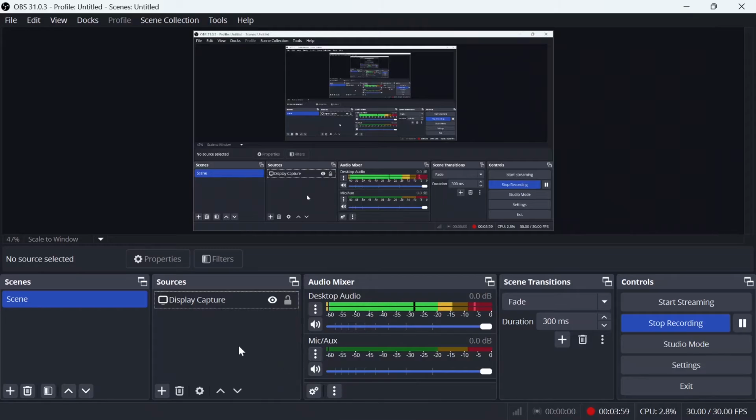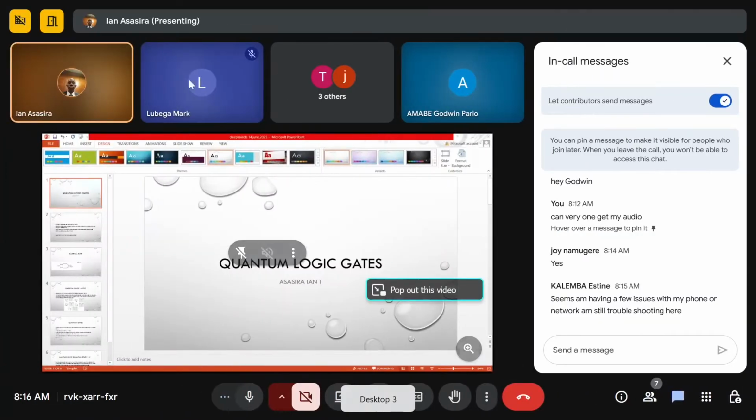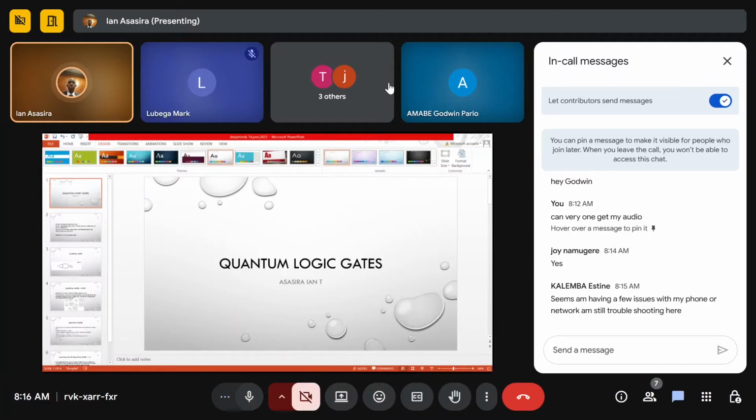I also said quantum computing can be used in artificial intelligence and other sectors. So today we're going to look at quantum logic gates. They enable us to do a lot, such as quantum information and quantum teleportation. They are similar to classical logic gates, but the difference brings out the potential of quantum computing.